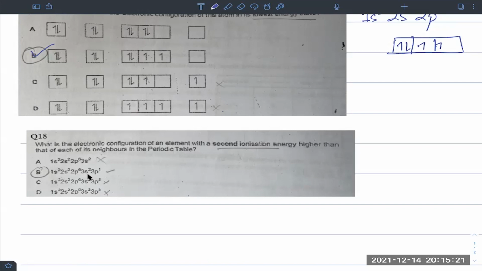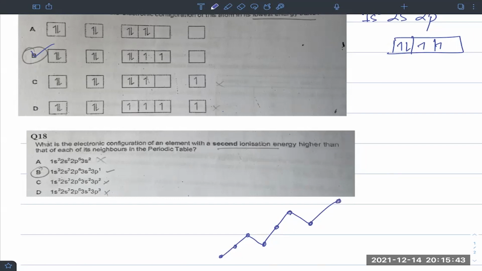When does that happen? So remember one thing, the configuration in p goes like that. This is usually the pattern that we see.